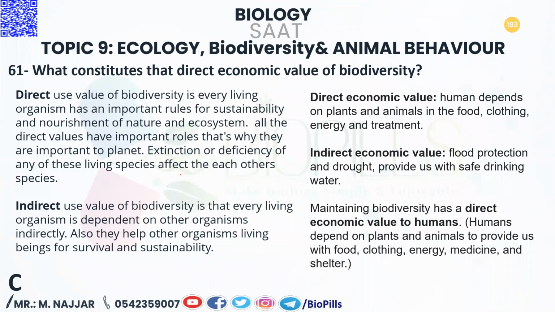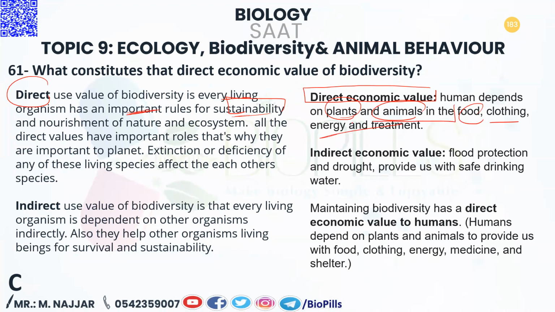Direct means we are using it, and it is very important for our sustainability and nourishment. Such as, as I mentioned, the food and the shelter. Those are known as direct economic value. Humans depend on plants and animals for food, clothing, energy, and treatment.